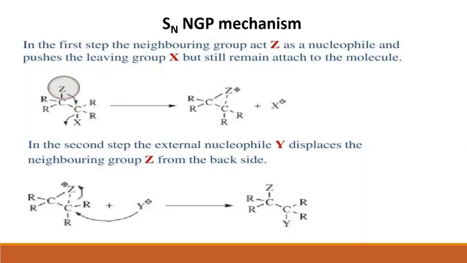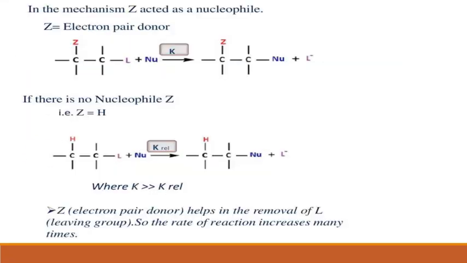That means here Z is the neighboring group which interferes during the reaction process, and Y is the ultimate incoming group, that is the nucleophile. In the mechanism, Z acted as a nucleophile, as I have already told, and the leaving group is released at the first step.